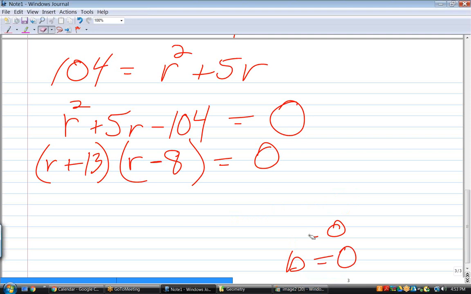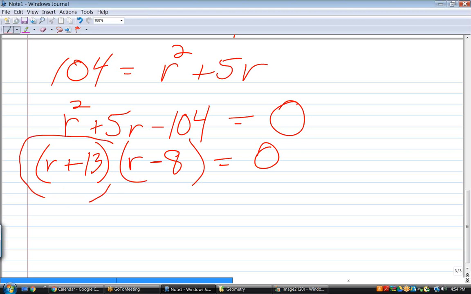So how am I going to solve this? Well, you could subtract 5 from 13. No. In other words, here's what I've got. I've got two things multiplied together being equal to 0, right?